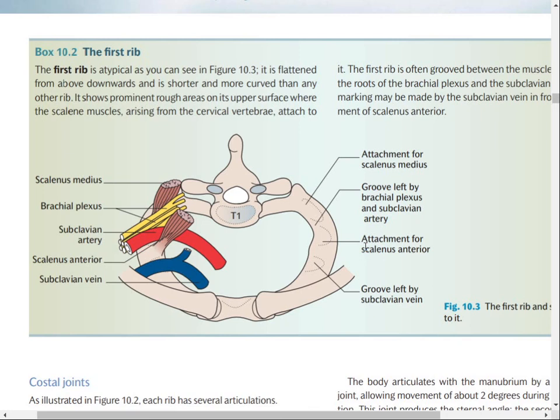Attachment for scalenus medius, groove left by brachial plexus and subclavian artery. Attachment for scalenus anterior, groove left by subclavian vein.